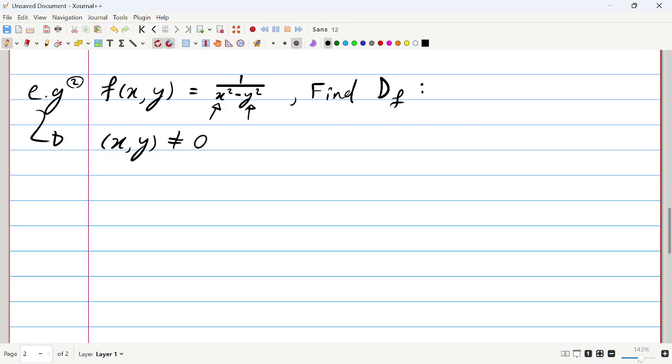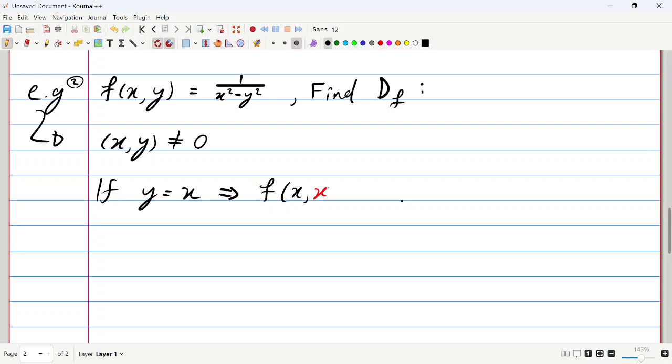But what else can we take from this? What if we substitute something else? Do you notice that if we replace y with x, then we are going to have x squared minus x squared? So if y is equal to x, then this implies that we are going to have f of x and x, because notice now I am changing the y to an x.